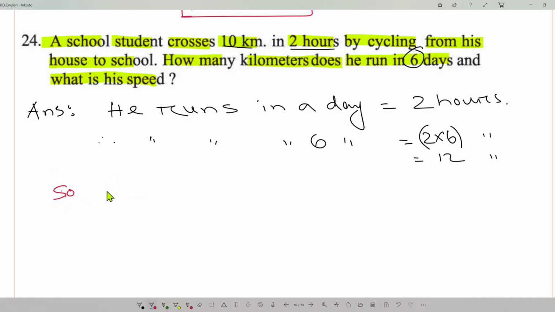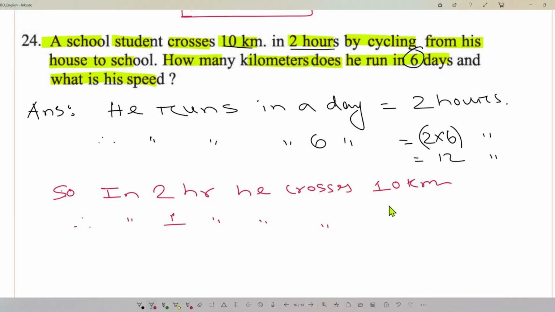So in 2 hours he crosses 10 kilometers. So in 1 hour he crosses 10 by 2 kilometers, and then in 12 hours he crosses 10 times 12 divided by 2 kilometers.